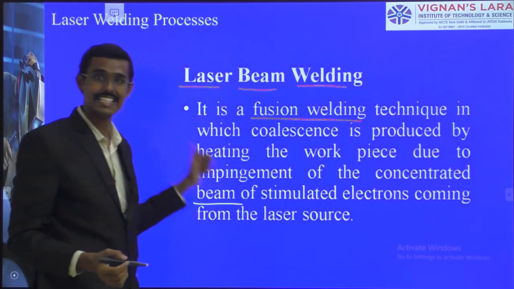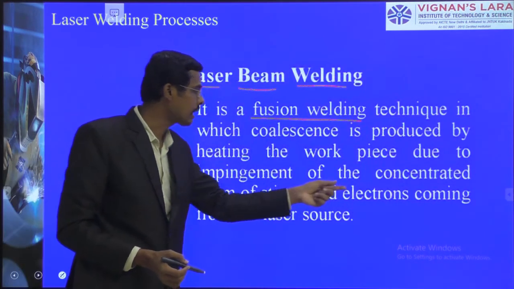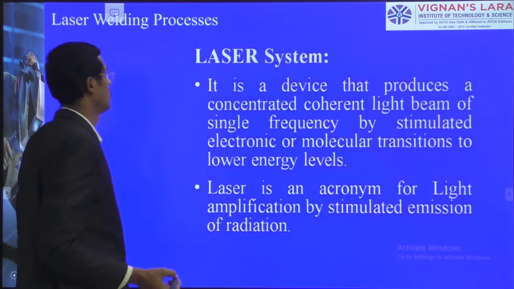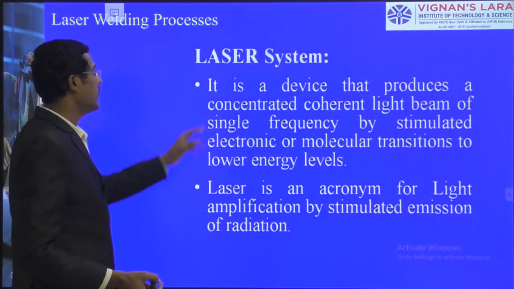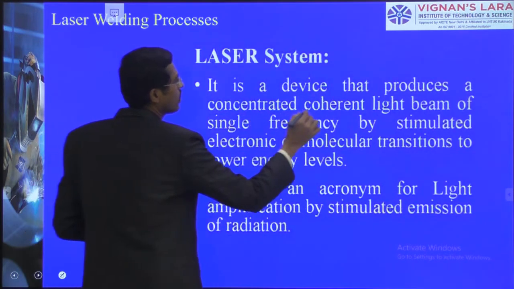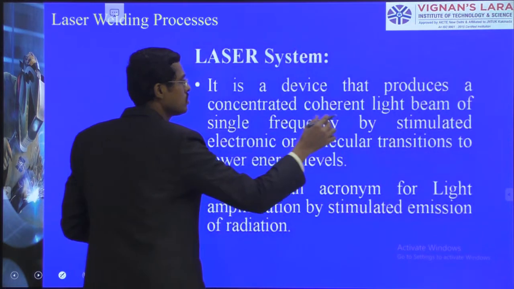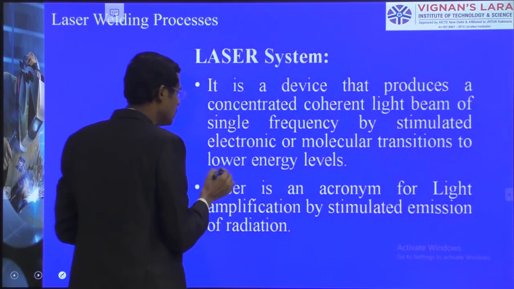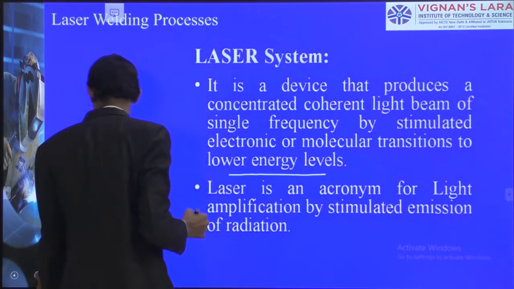Which beam? The laser beam of stimulated electrons coming from the laser source. It is a device that produces a concentrated, coherent light beam of a single frequency by stimulated electron or molecular transitions to lower energy levels.